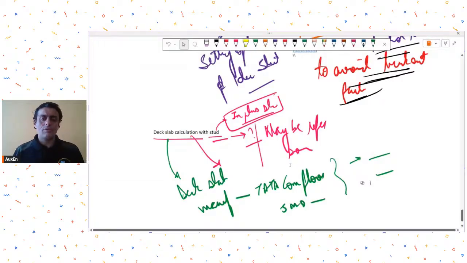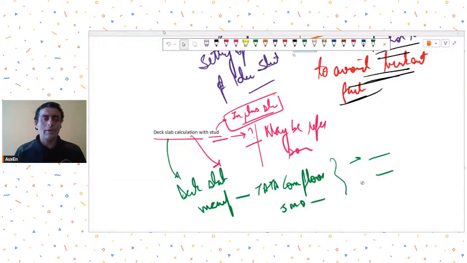They help you choose a deck sheet profile, and then you can use the deck sheet profile and carry out the design, and it will give you some design calculations also.